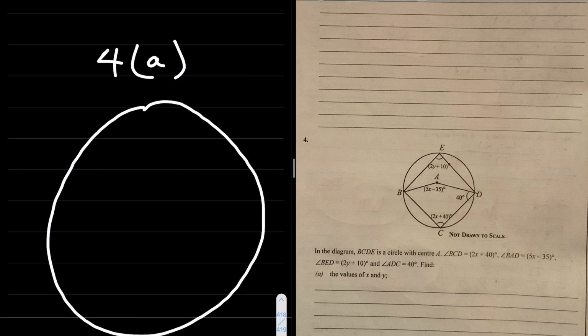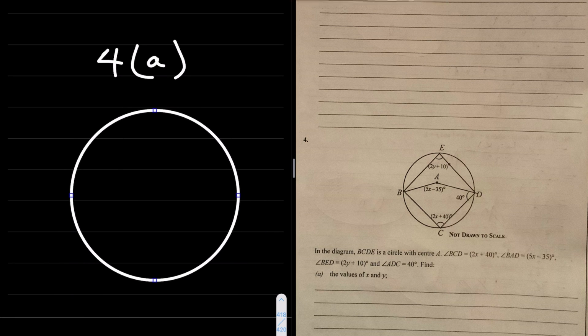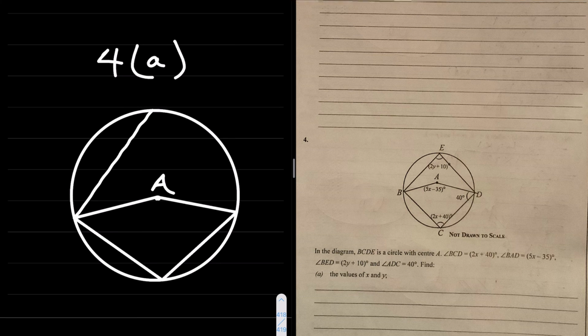Let's draw the diagram first of all. That's the diagram. And now this is the center A. Just drawing the diagram very quickly. Now this angle is 2y plus 10 degrees.